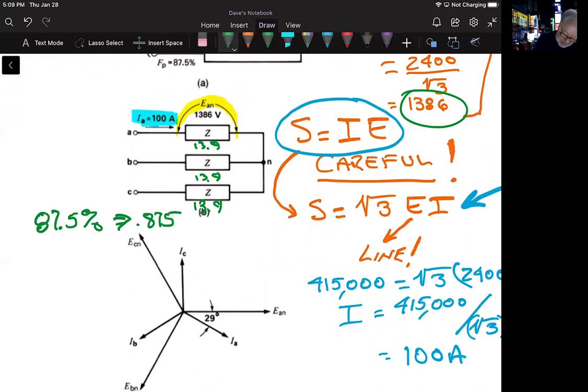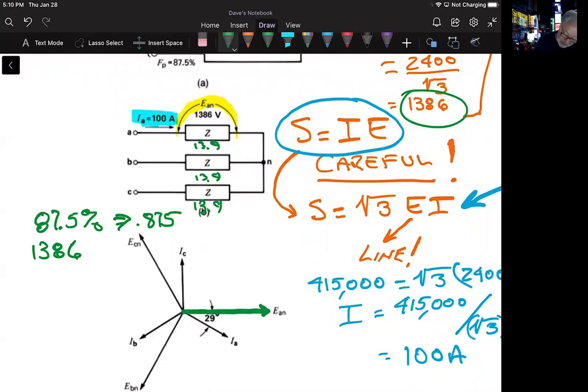The phase angle between the line to neutral voltage, 1386, and which one, we could pick any of these. Okay, so we'll pick this guy.